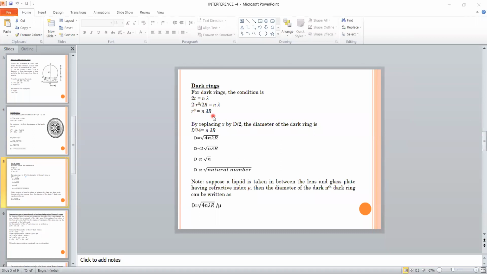Therefore, r square is equal to n R lambda. Now replace the r value by d by 2. So d square by 4 is equal to n R lambda. And cross multiply 4 also, and take square root on both sides. Then we get d is equal to square root of 4 n R lambda.